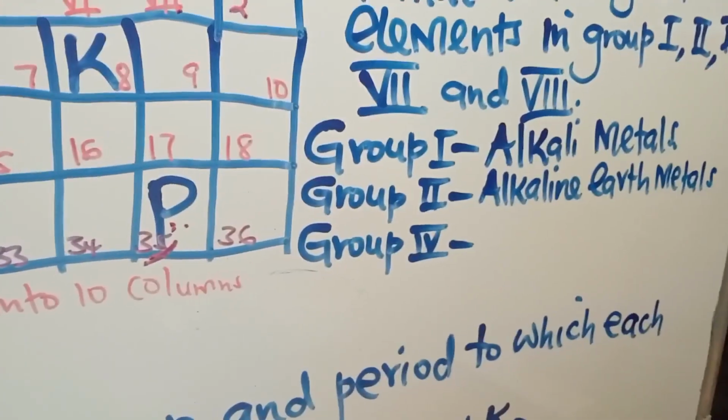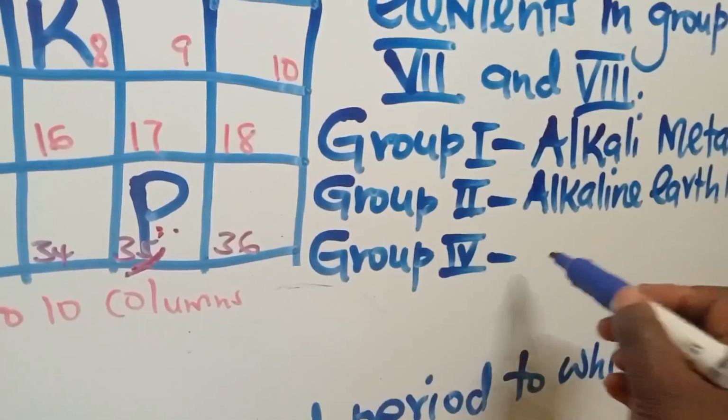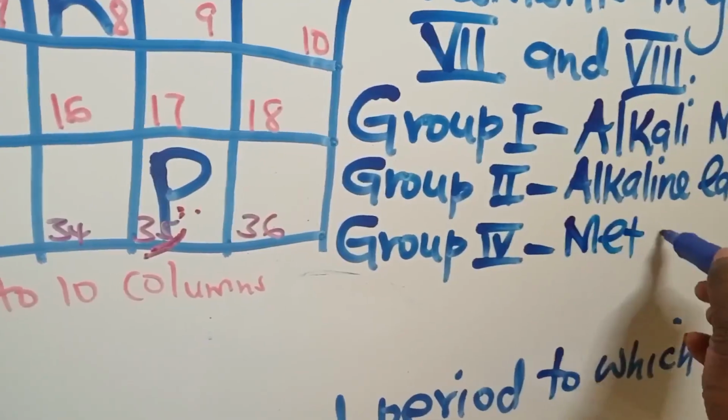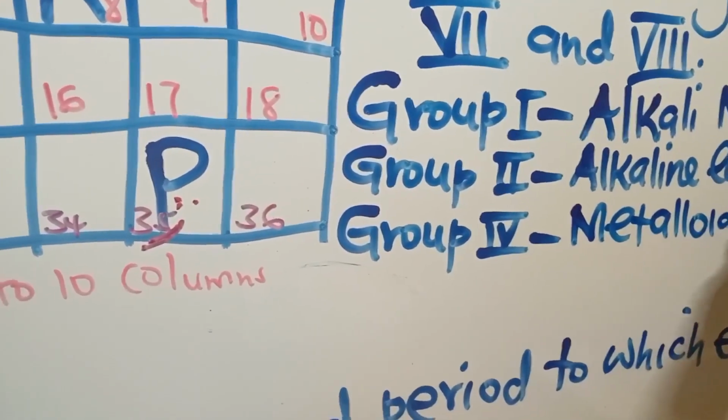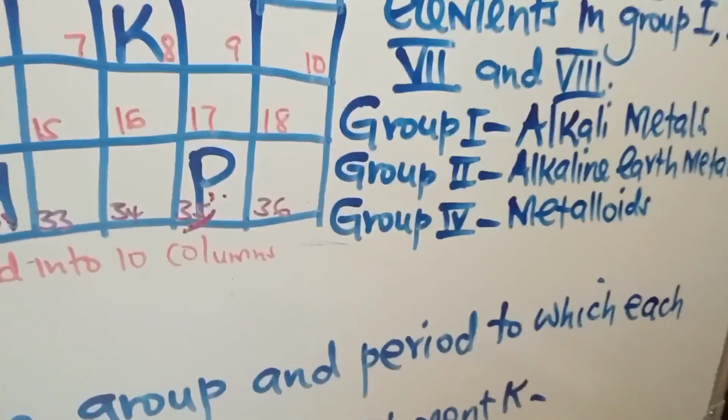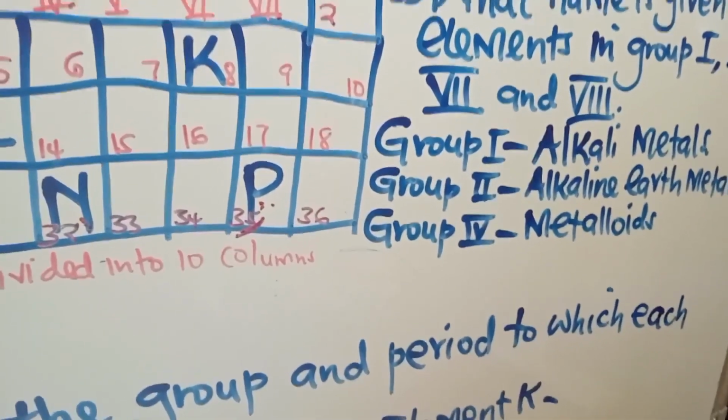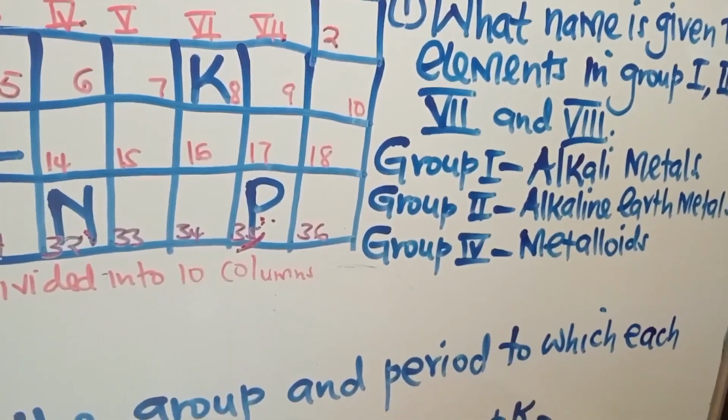Group 4, they are known as the metalloids because they share the characteristic, they are in between. They are neither metals nor non-metals.